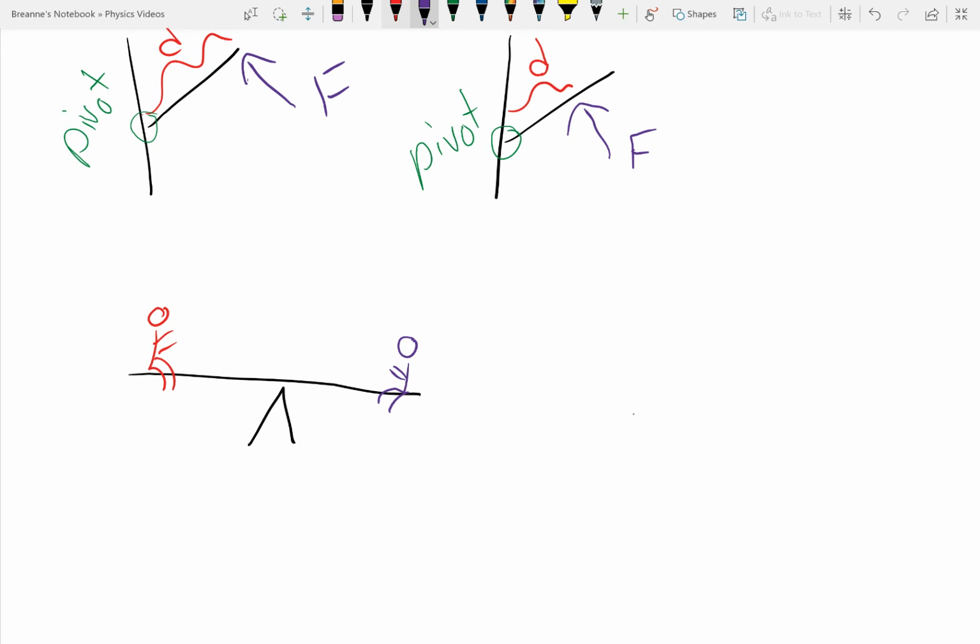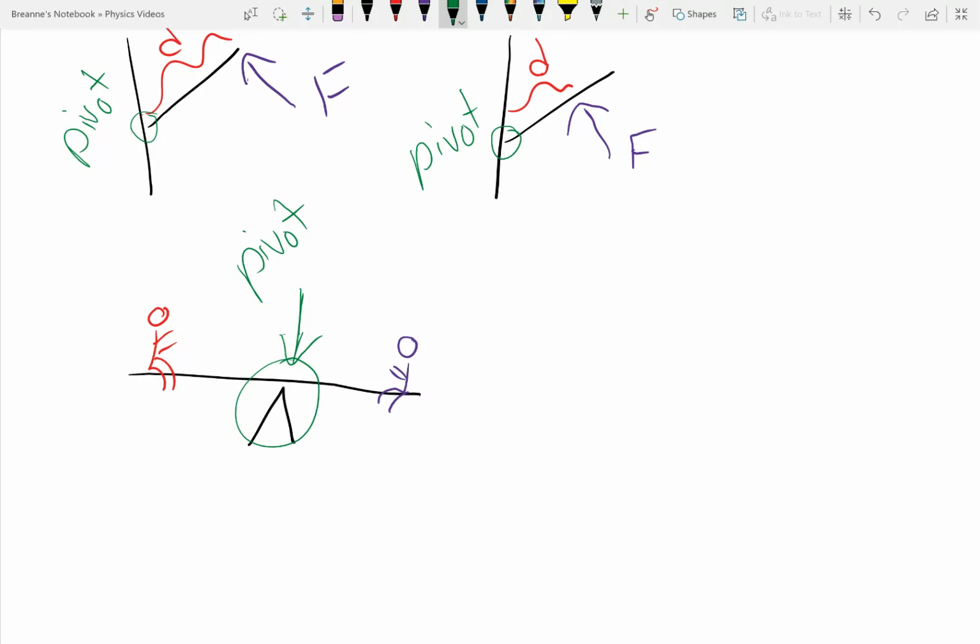I gave you little steps. Step 1 was to find your pivot point. We found our pivot point, kind of in this area right there.